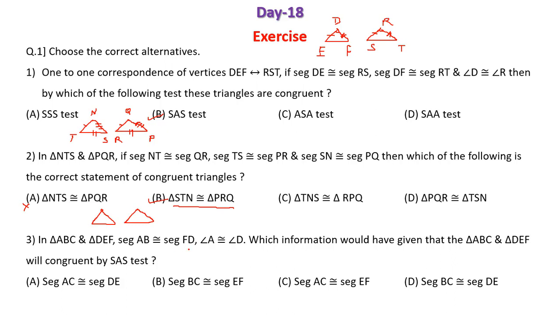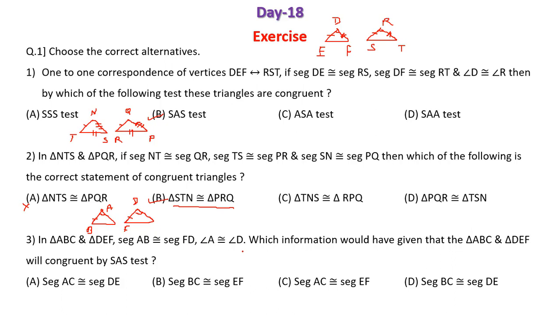Then it gives angle A congruent to angle D. So here angle A and here angle D. We start from this. Then AB is congruent to FD. Here it gives D, so we take here F, FD.